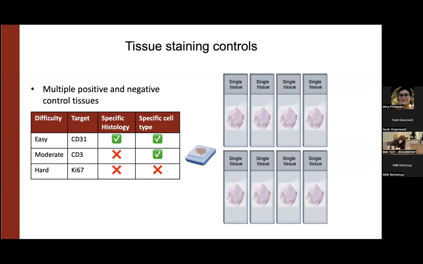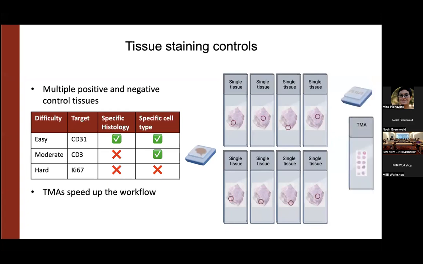So in order to confidently validate the antibody, especially as you move away from markers like CD31, where it's very easy to validate, to something like Ki67, you want to make sure that you have enough positive and negative control tissues to really hone in on the positive signal.